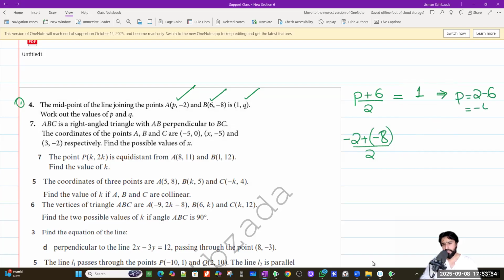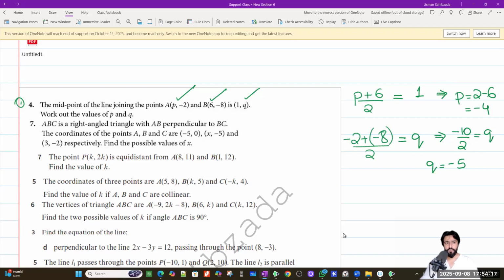So p's value comes out as negative 4. So you have formed separate equations. That's perfectly fine. It's not the same style of solution that you're used to in O levels. So q's value comes out as minus 5.